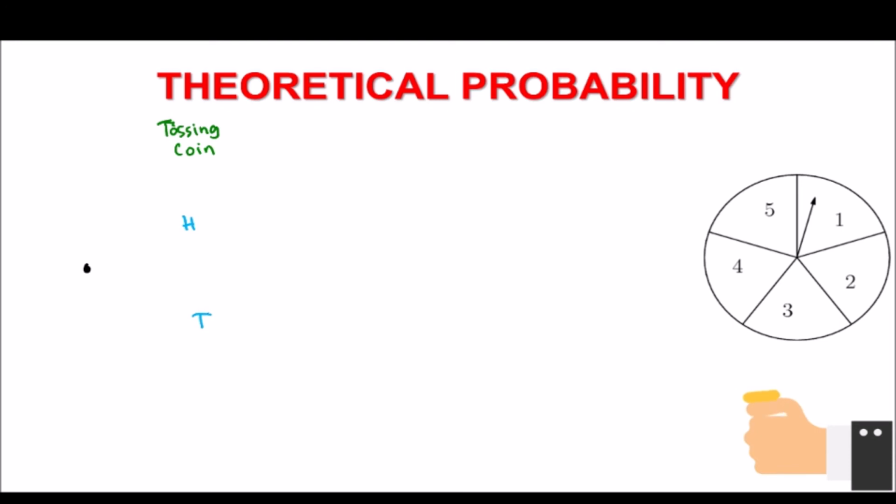How about the possible outcomes when you spin the spinner? These are the numbers 1, 2, 3, 4, and 5. So 1, 2, 3, 4, 5, and then on the second branch also 1, 2, 3, 4, and 5.